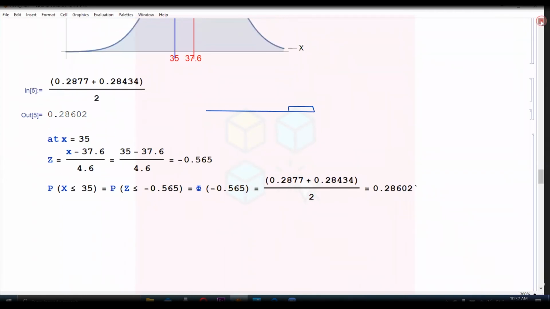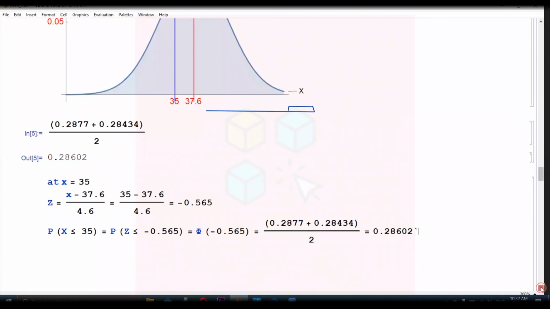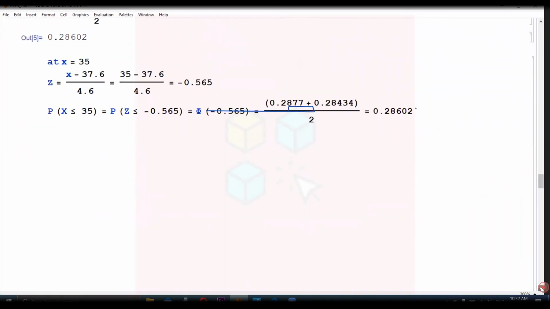See that the solution is this one, in which the left hand side area is shaded and less than sign is used with the x and along with the z, and both variables, 35 is equal to minus 0.565, and it is represented by phi of this point, and you can obtain this value from the table, and its average is 0.2862.